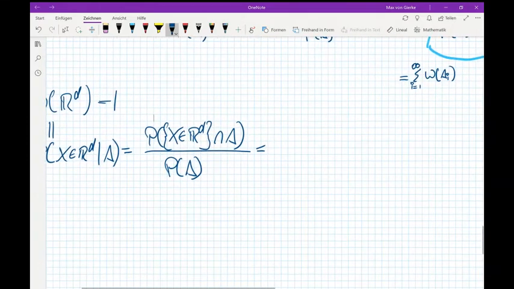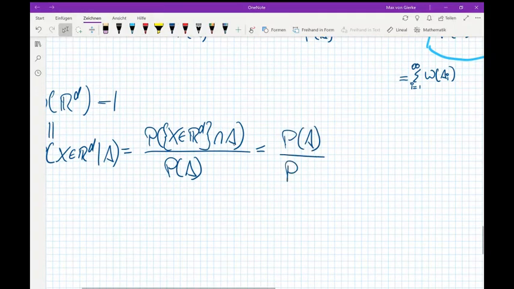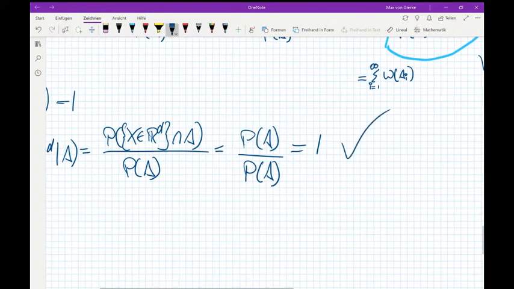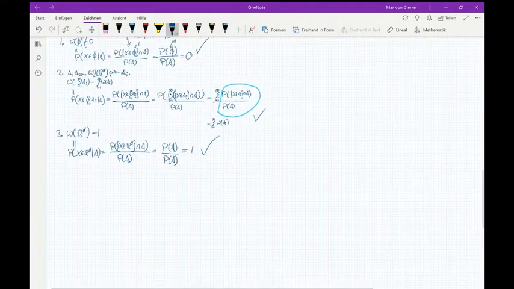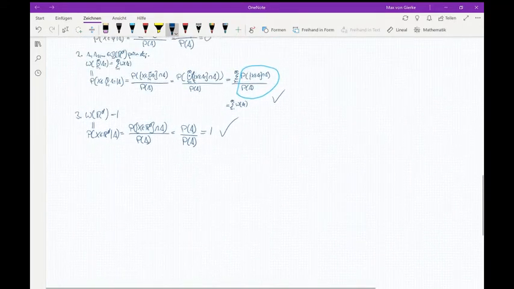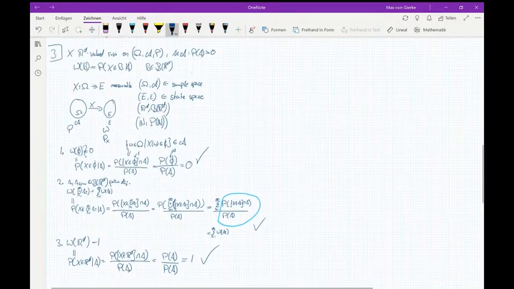A is a subset of this set, which means that if we intersect it, just A remains, meaning that we have this equality, which is 1. Okay, nice. We have shown that W is a probability measure. Cool. Yeah, this is the first part of problem 3.